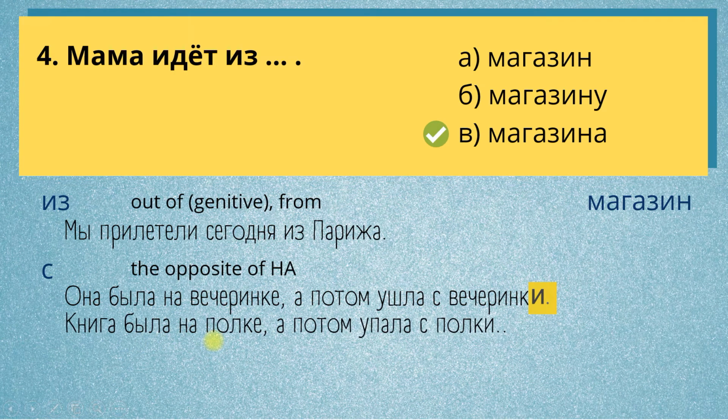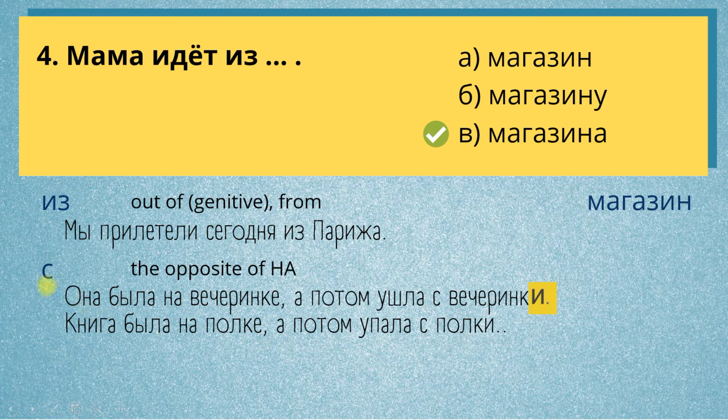Книга была на полке. She was lying on the shelf. Книга была на полке, а потом упала с полки. Again, if you had на, now it's on, not at the party, but on, because it's horizontal. She was lying there, а потом упала с полки.